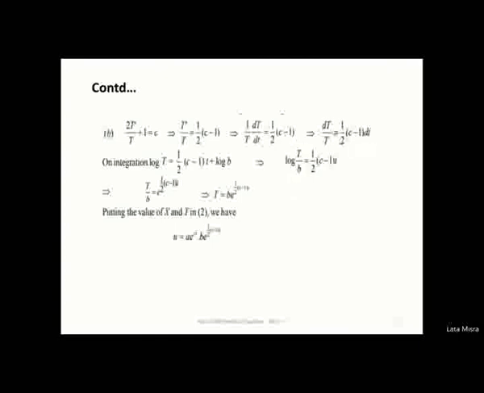Now separating the variables, we get dT/T equals 1/(2c minus 1) dt.